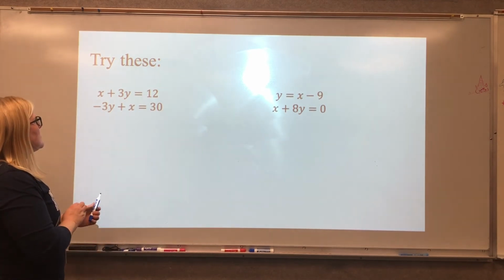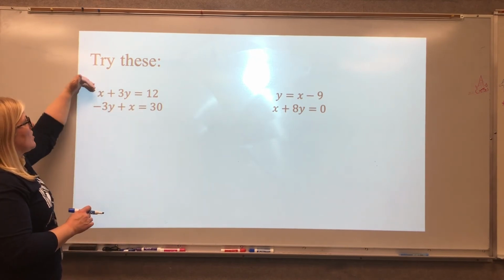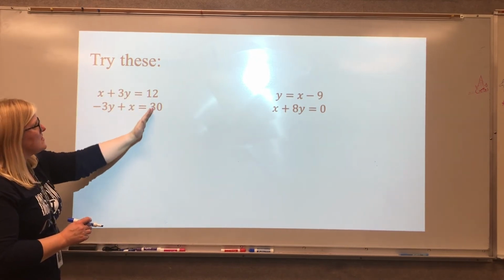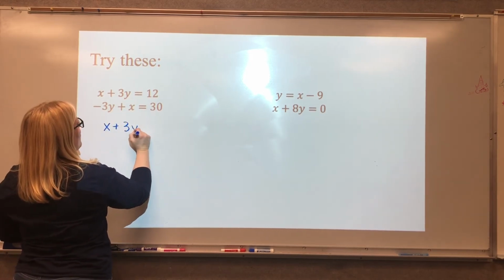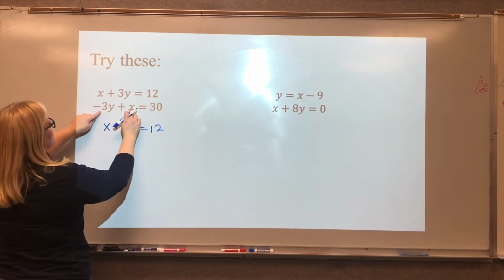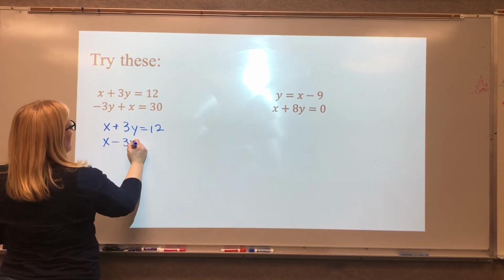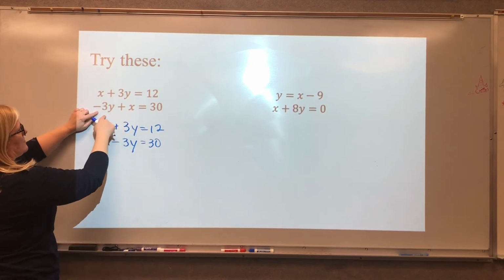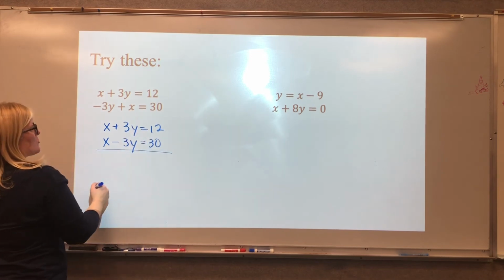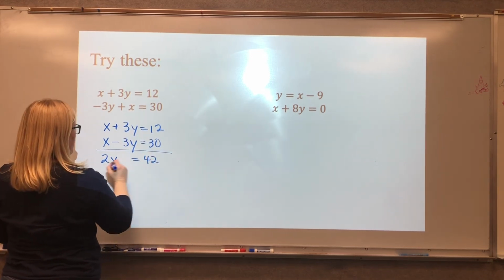All right, so here we go. We have a little problem over here, and that is we don't have our columns. So I'm going to rewrite this, and I'm going to put them in the right columns. So all I need to do is flip-flop this around. So I have x minus 3y equals 30, right? And now the y's just drop out. So I have 2x equals 42.